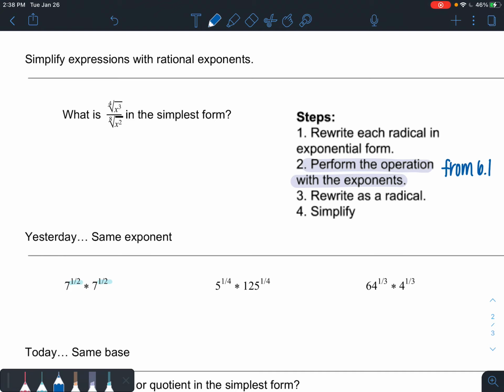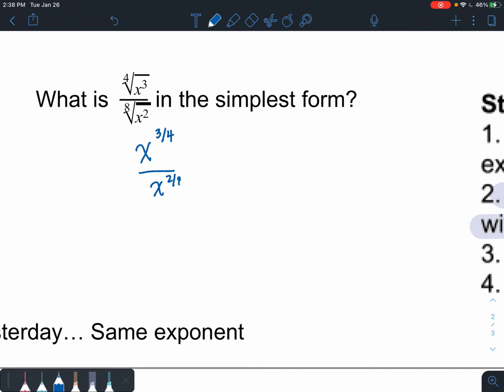Let's go ahead and rewrite this as x to the 3/4 over x to the 2/8, sorry. Okay, 2/8 actually simplifies to be 1/4.